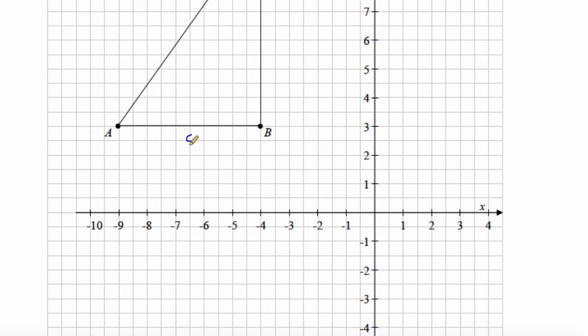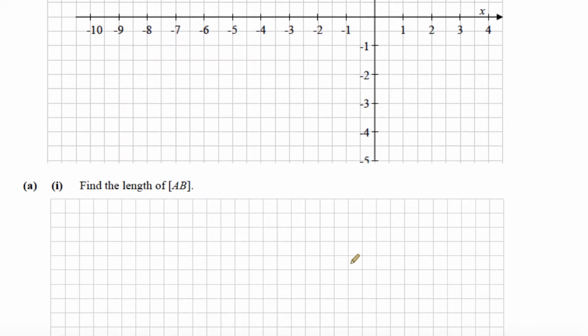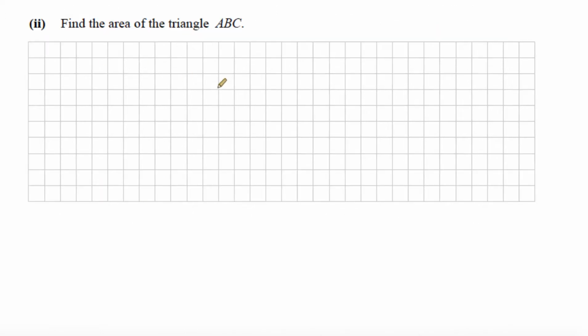If you go from minus 9 up to minus 4 on a number line, it's just a distance of 5. So the length of AB equals 5 units. We're not told this is centimeters or meters or anything.